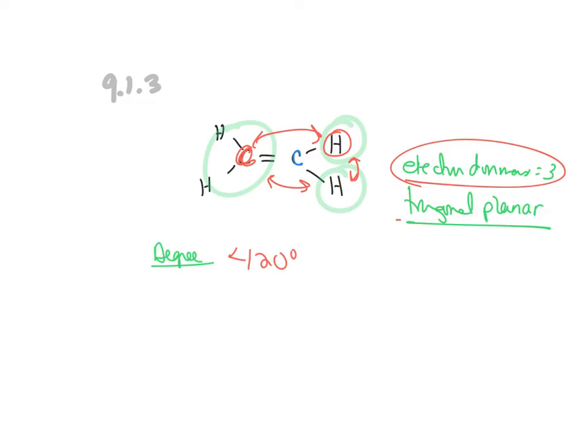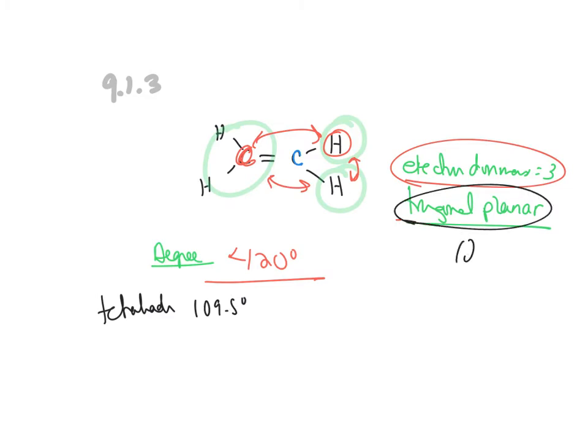So what you do for bond angles is you memorize them. So if you have tetrahedral, it's 109.5 degrees. For trigonal planar, it's always 120 degrees. And so anytime you have lone pairs, it's always less than that. It's less than 109.5. If you have something that's linear, that's 180, right? And then if it's bent, it all depends on the electron domain. So the electron domain determines the bond angles.